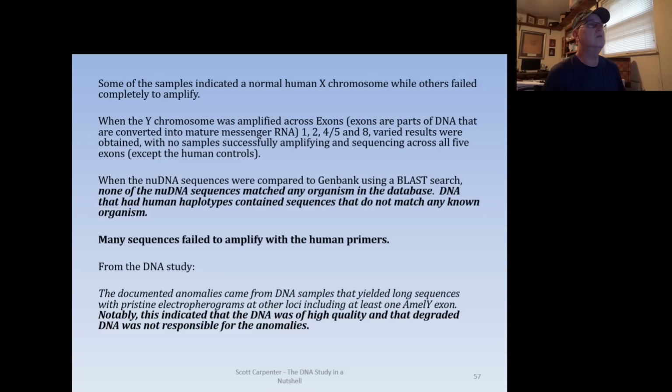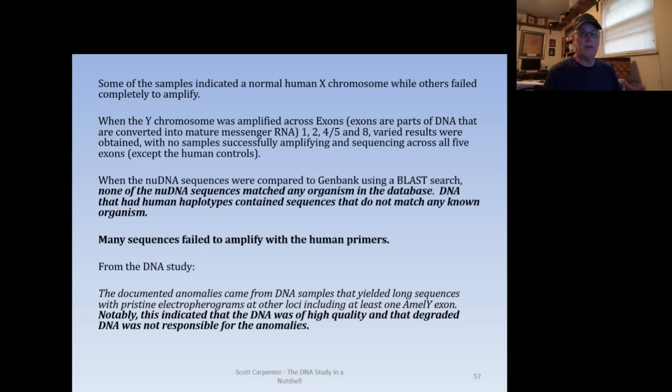The Y chromosome was amplified across the exons. Exons are part of the DNA that are converted to mature messenger RNA. Those results varied and were obtained with no samples successfully amplifying and sequencing across all 5 exons, except the human controls.